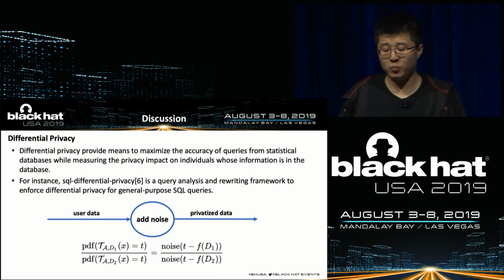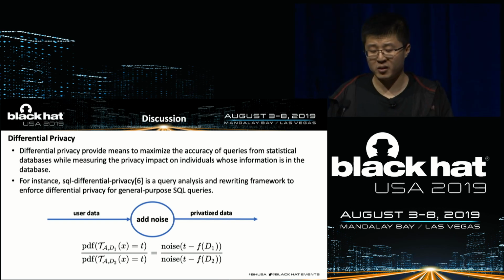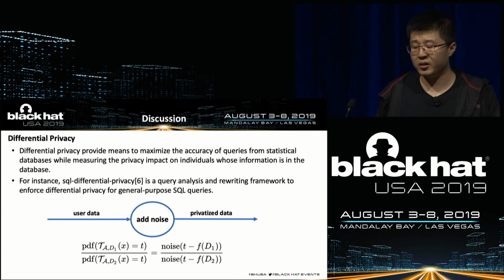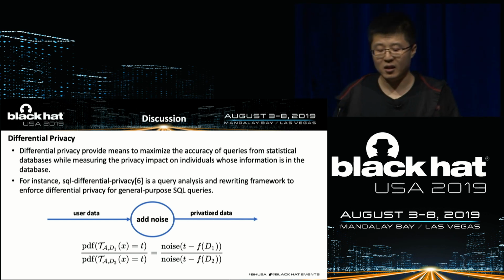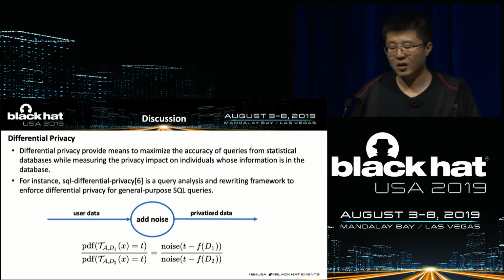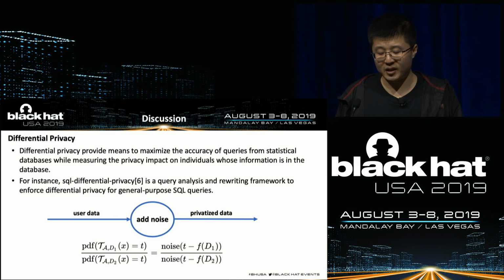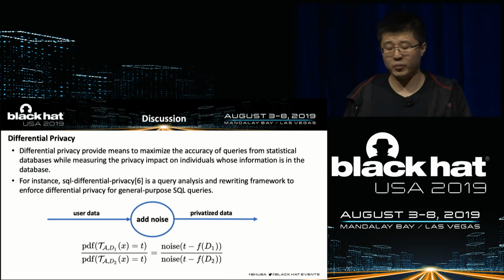Differential privacy provides a means to maximize the accuracy of queries from a statistical database while measuring the privacy impact on individuals whose information is in the database. Thus, we can partially add noise to the data through differential privacy libraries to prevent cross-device tracking.